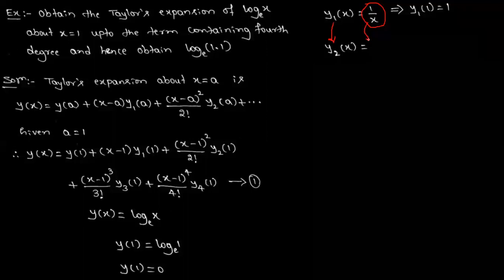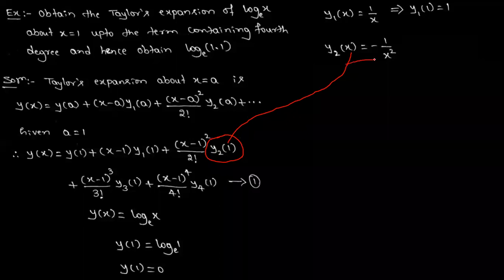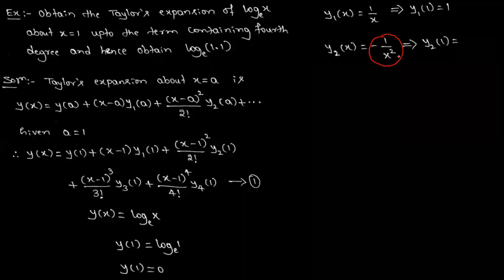Now what we want is y2 of 1. So let us put x is equal to 1 here. So y2 of 1 is equal to minus 1 by 1 square, that is minus 1. Yes, we got the value of y2 of 1 as minus 1.